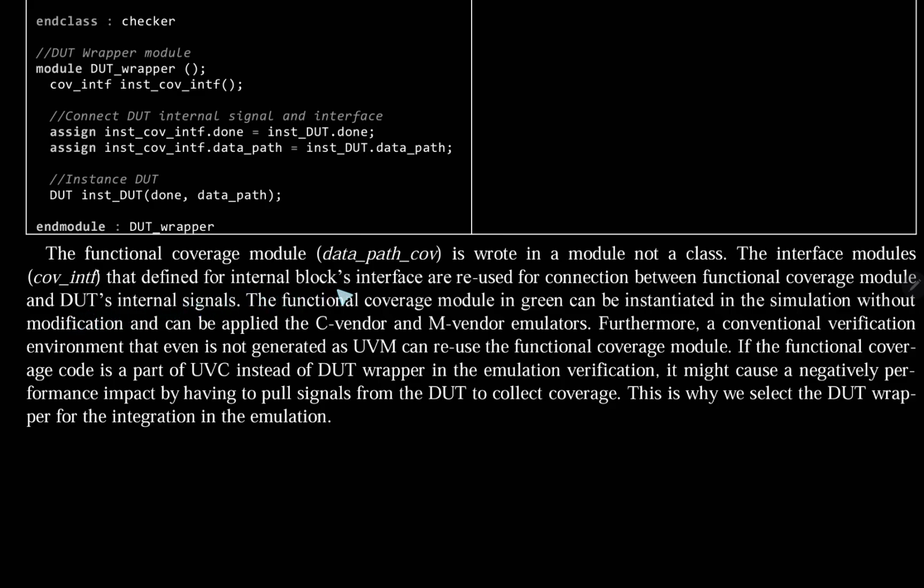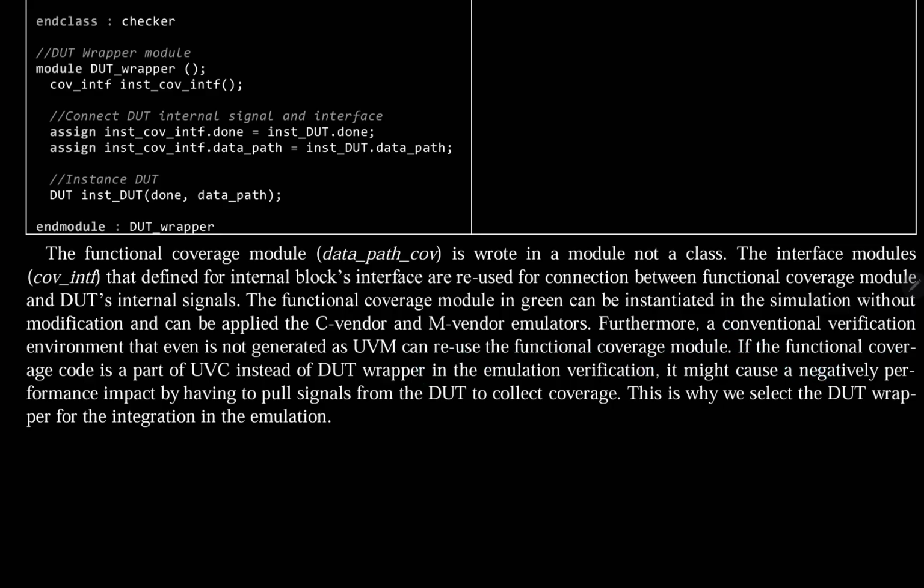The functional coverage module can be instantiated in the simulation without a modification, and can be applied to C vendor and M vendor emulators. Furthermore, a conventional verification environment that is not even generated as UVM can reuse the functional coverage module.